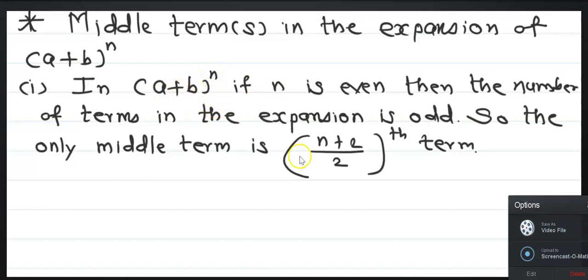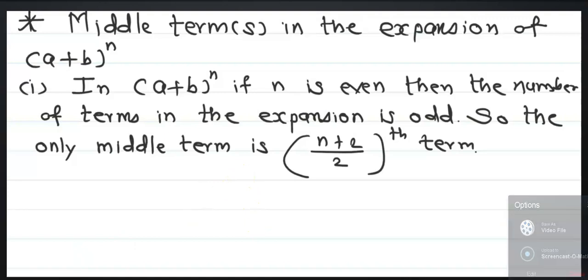If we take n as 2, then 2 plus 2 is 4, 4 upon 2 is 2, so the second term will be the middle term in that expansion. It is clear that (a + b) square is equal to a square plus 2ab plus b square, and the middle term is the second one, which is 2ab.